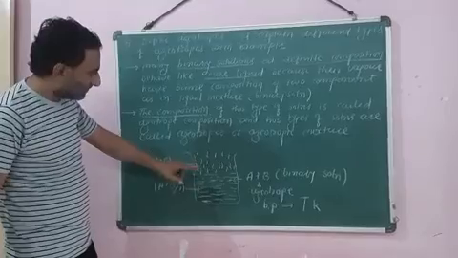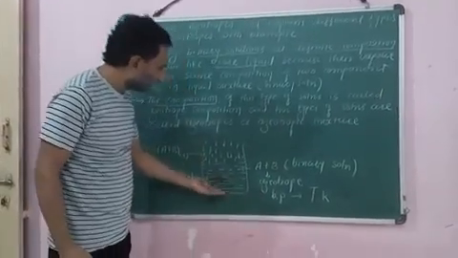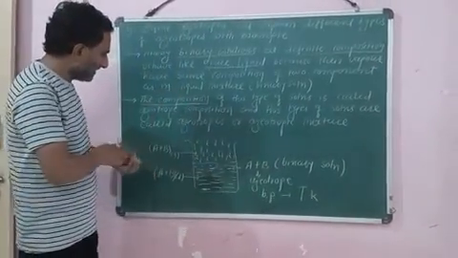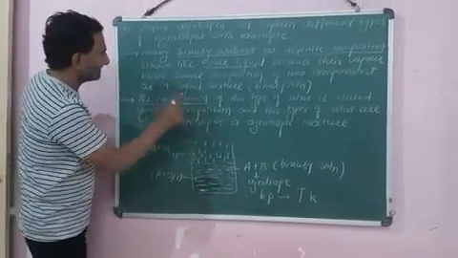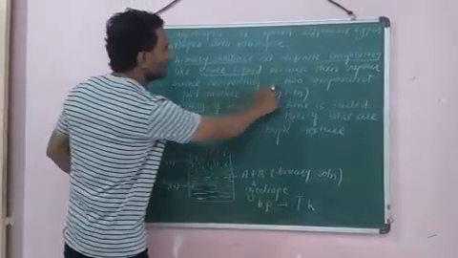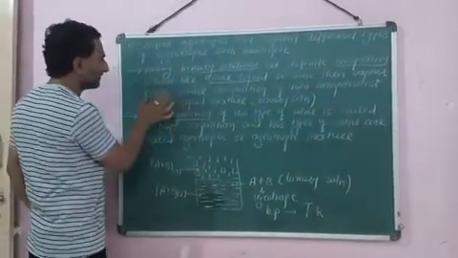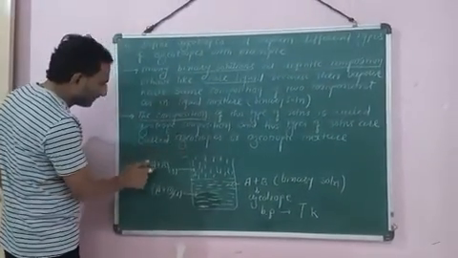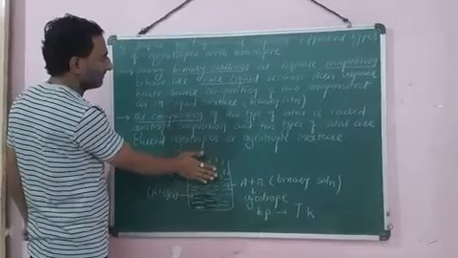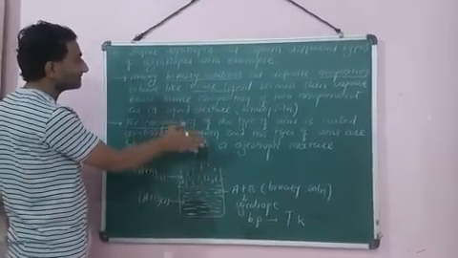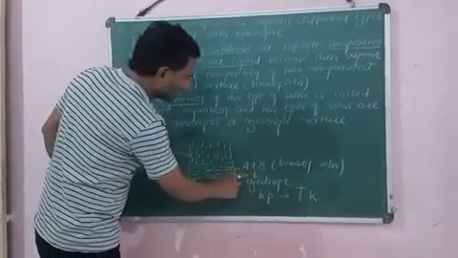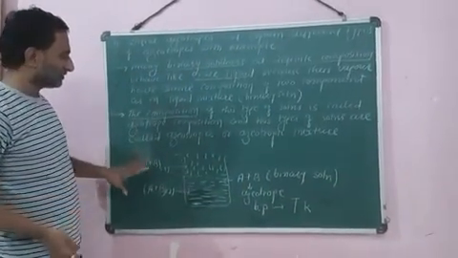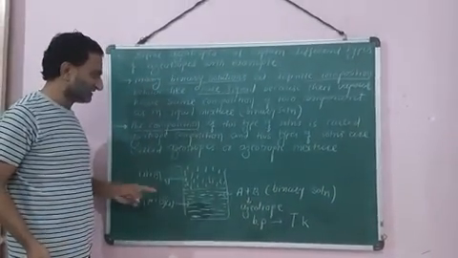Because when this type of mixture boils at its boiling point, the liquid state has the same composition of two components as the vapor phase, the same A plus B in the vapor phase. So this type is called an azeotrope or azeotropic mixture.